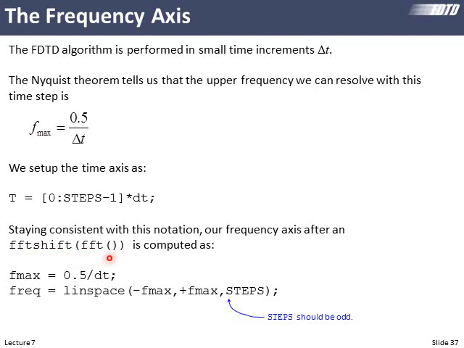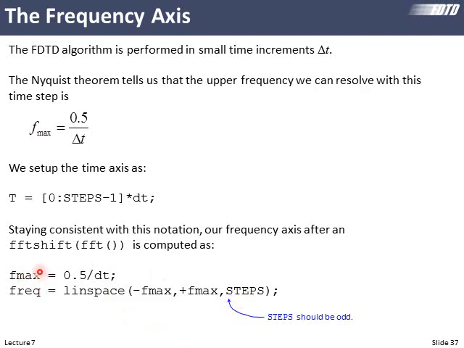But now that we have this Fourier transform, we want to plot it versus frequency. How do we do that? Well, we'll calculate this maximum frequency. It's 0.5 over dt. Then we create our frequency axis. How many points are in this axis? Well, when we FFT a function, the number of points does not change, and the number of points is steps. So we're using this linspace command with steps.